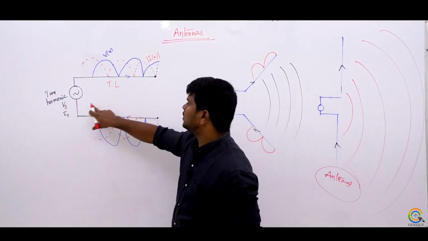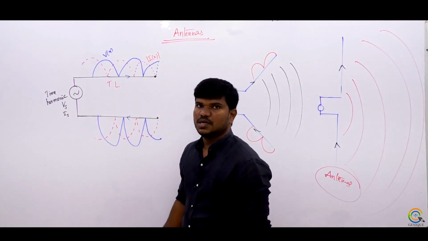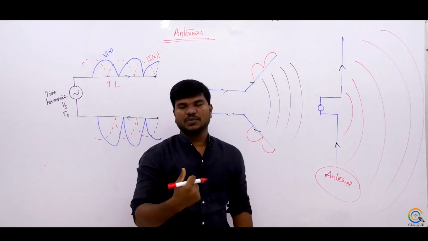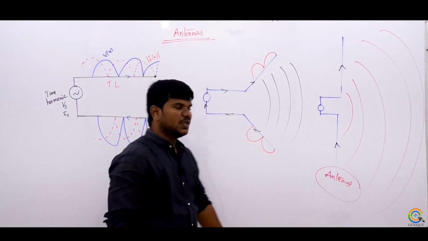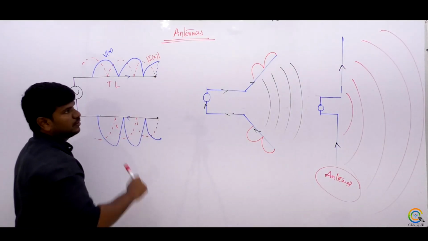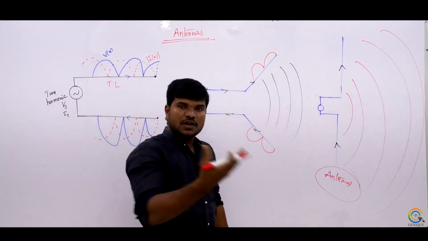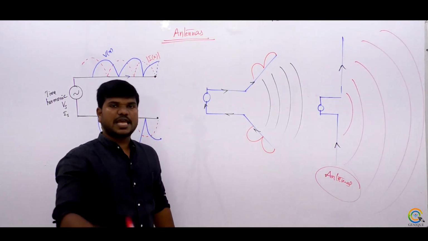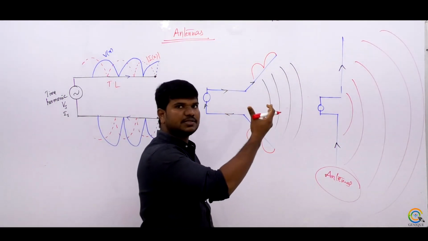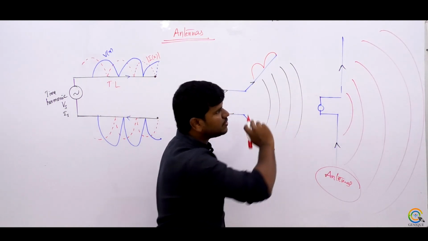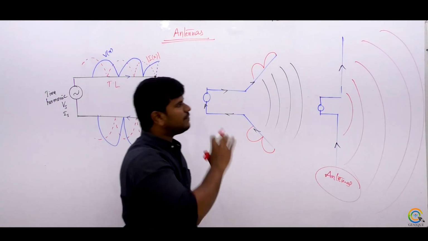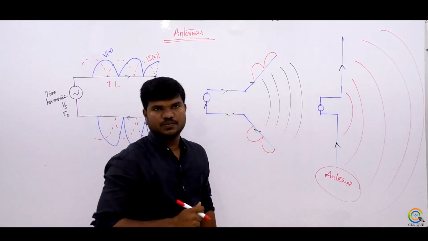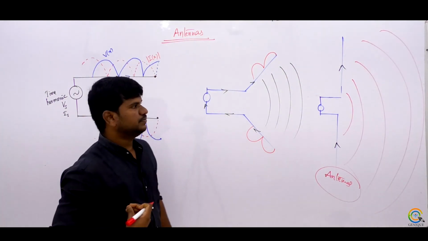So finally, at the receiving end, the receiving antenna will capture these EM waves and convert them into VI waves, which is what we require.